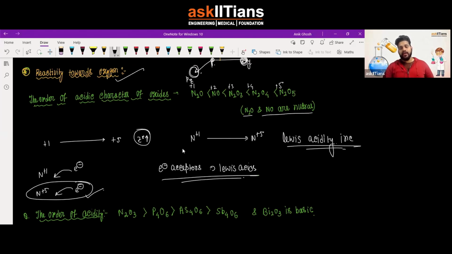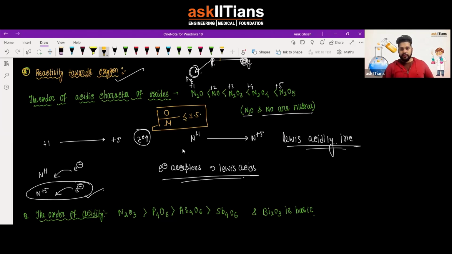N2O and NO are neutral species. Okay? That is a small thing that you should know here. If the amount of oxygen versus the amount of the other element is less than or equal to 1.5, then they turn out to be neutral, which you can see in the case of NO and N2O.